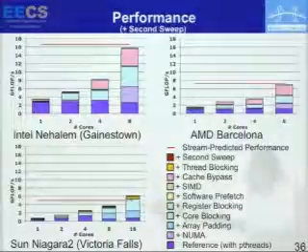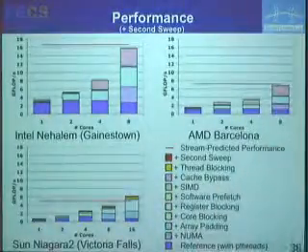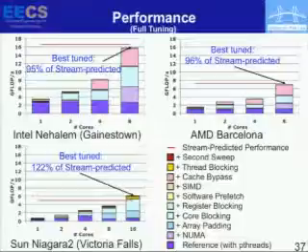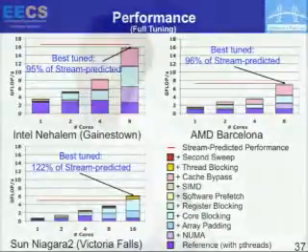It helped us a little bit on the Niagara 2, but that kind of shows that we're getting pretty close to what we can reasonably hope to do on these architectures. So where does that leave us? Well, with the full tuning, we get 95% or 96% on the x86 machines of what Stream predicted. And then on the Niagara 2, we actually get 122%.